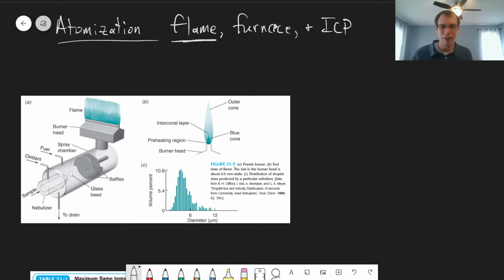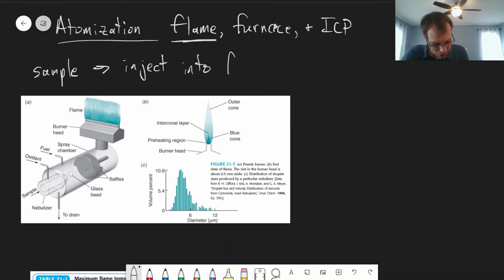We don't want a lot of variation, because if our flame differs, that can lead to differences in the signal that we observe. But the idea is that we're going to take our sample and inject it into a flame where everything burns up.